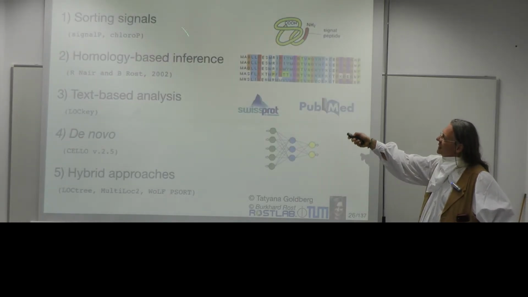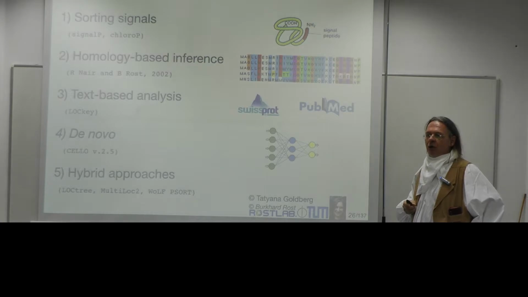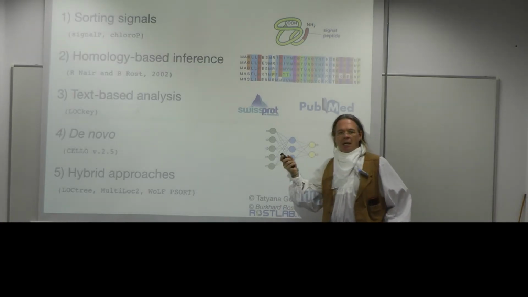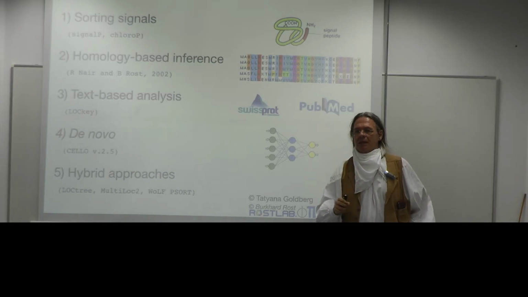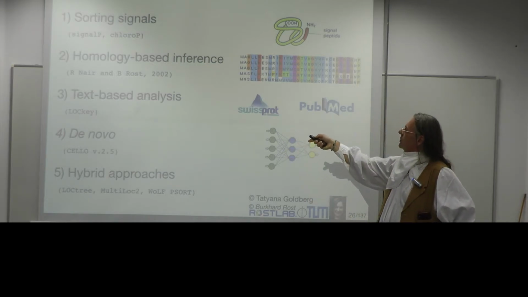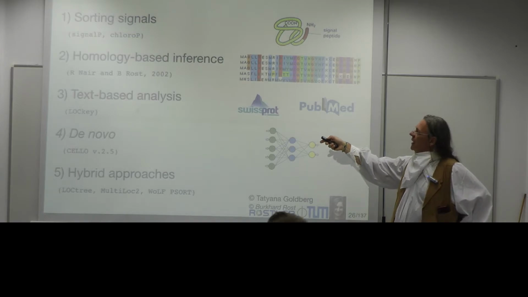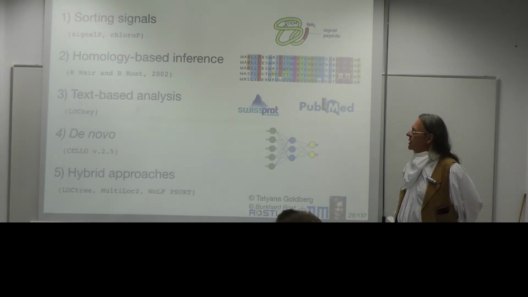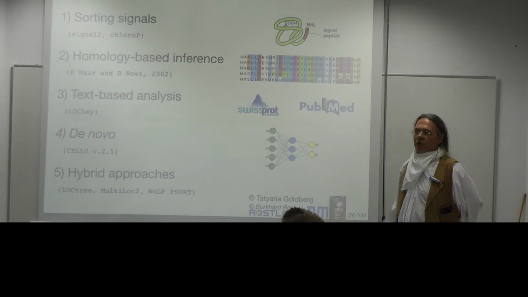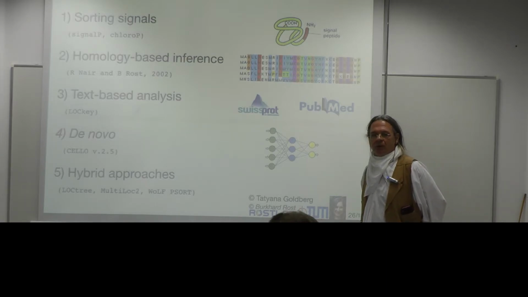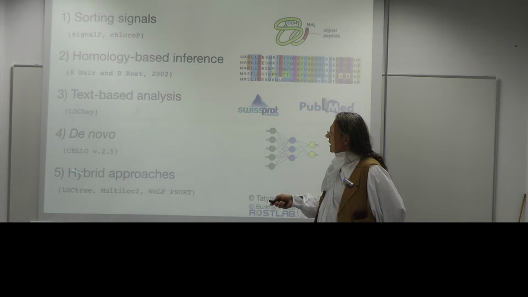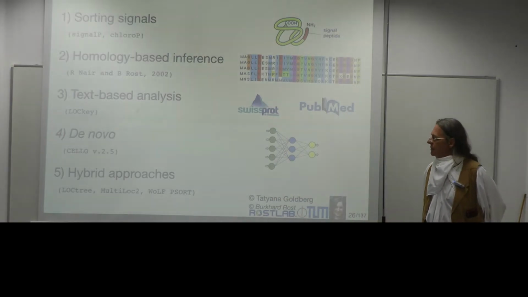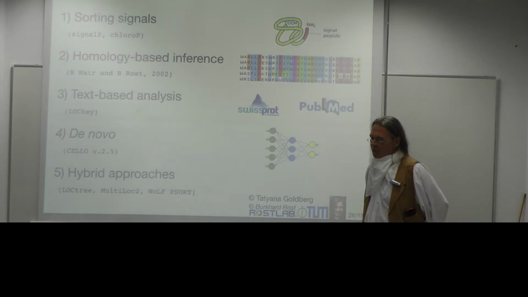I showed you that we can machine learn these zip codes as long as we talk about signal peptides, N-terminal peptides in proteins that are also used for mitochondria and chloroplast. I showed you that we can use homology-based inference to predict subcellular localization, text-based analysis, looking at some aspect of what we know about the function of the protein. And I showed you some ways in which we can, from sequence, predict subcellular localization de novo, and some hybrid approaches.